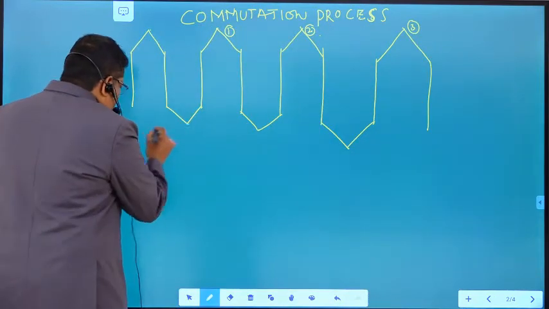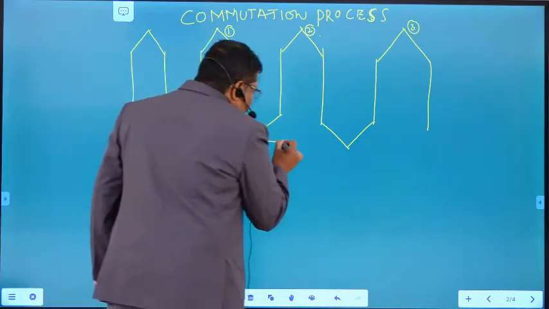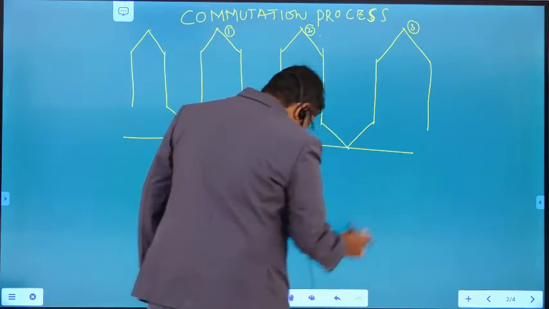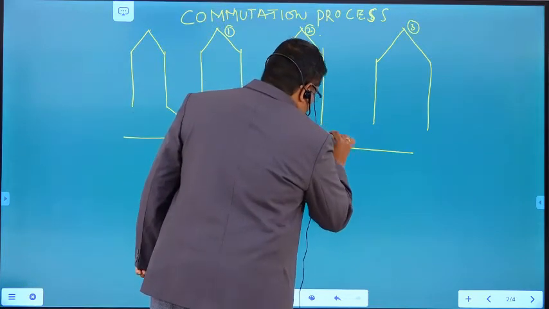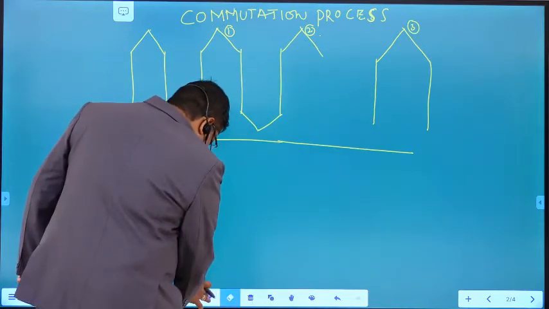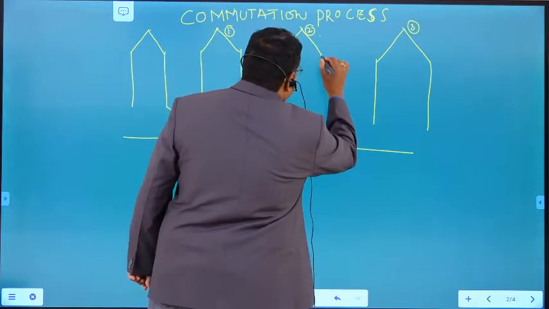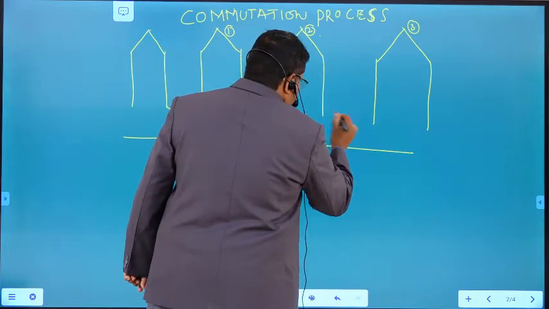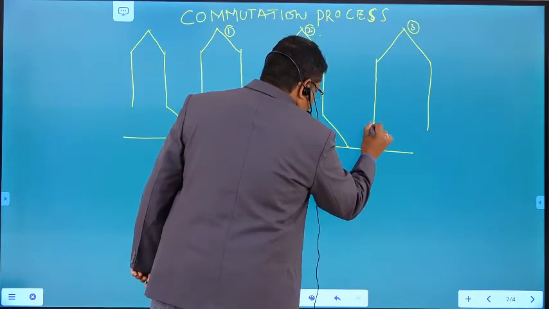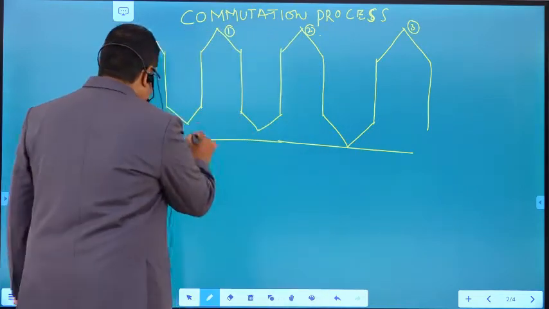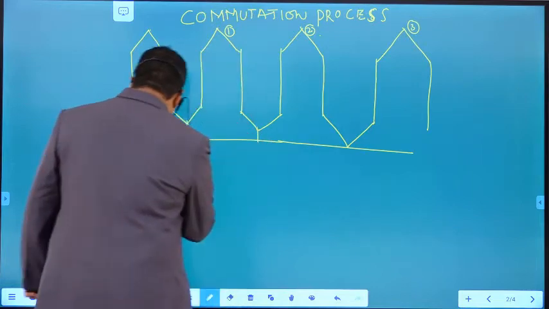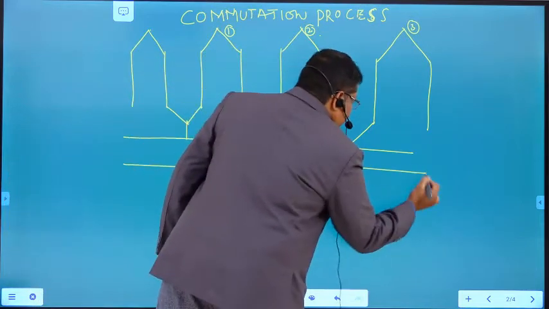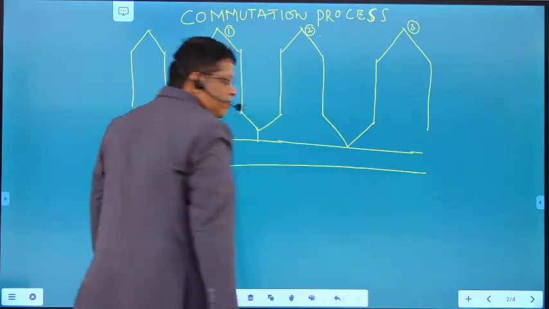All these coils are connected to the commutator segments. These are the commutator segments.